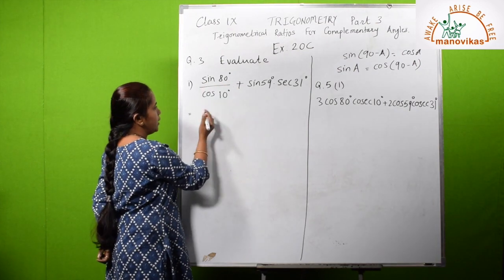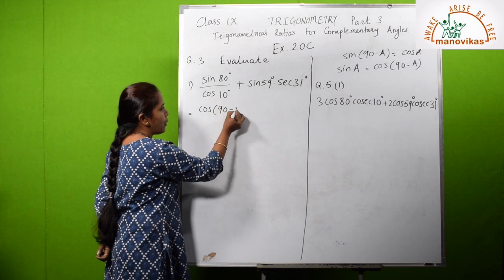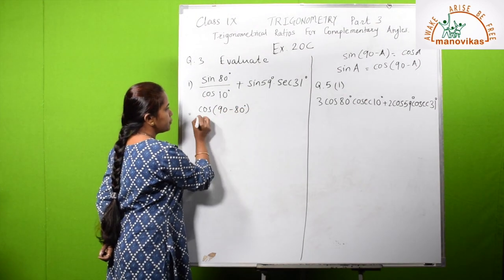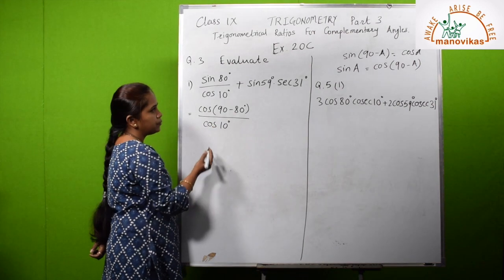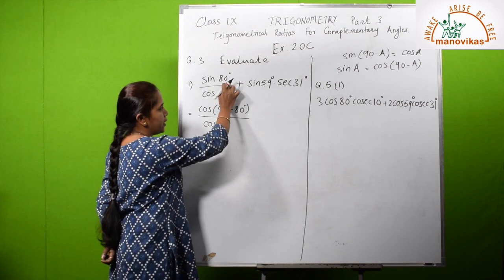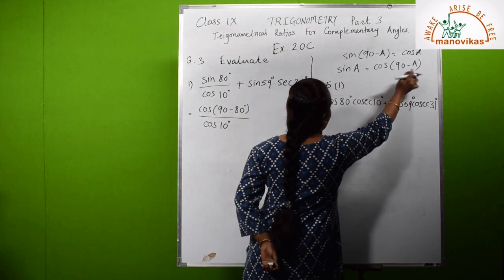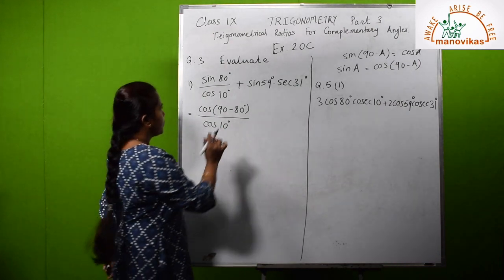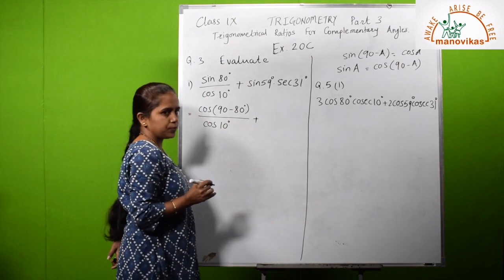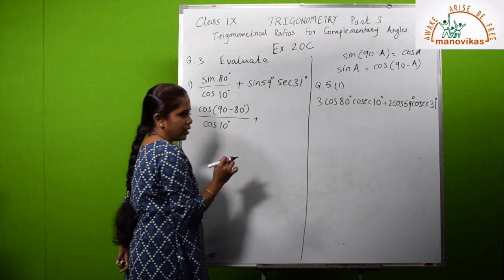Now again, sin 80 we can write, as sin A is cos 90 minus A, divided by cos 10 as it is. Sin 80 degree, that is sin A changes to cos 90 minus A, so cos 90 minus 80 degree, plus sin 59 and sec 31 degree.